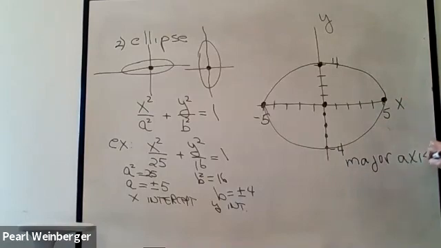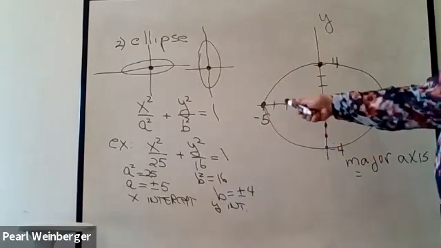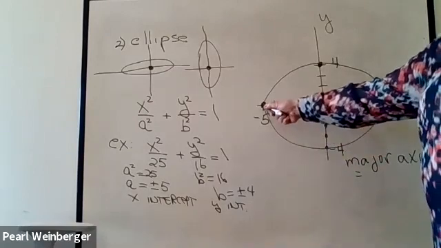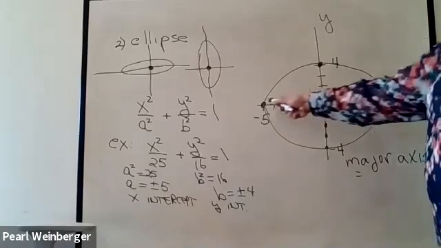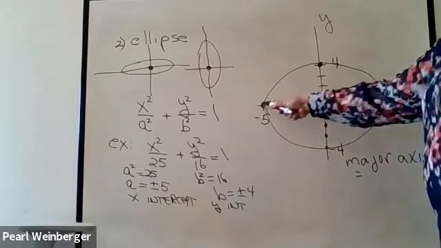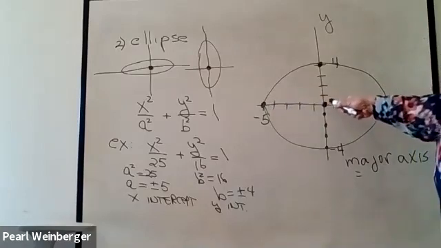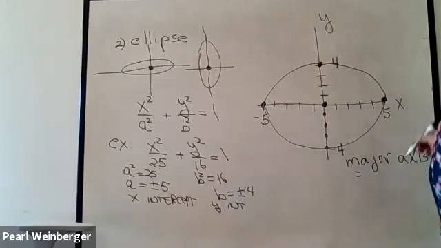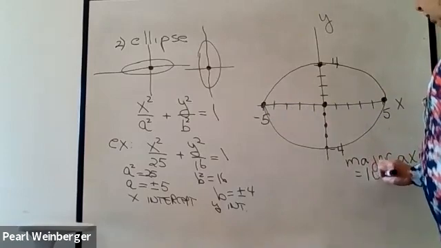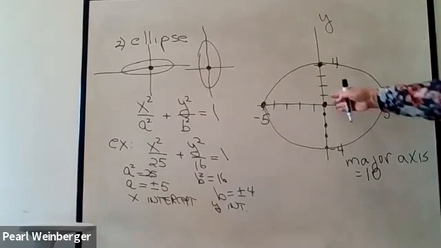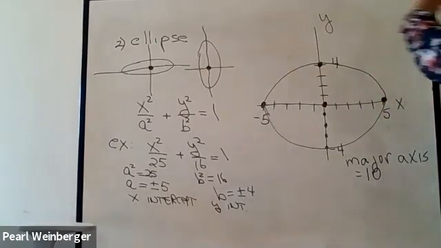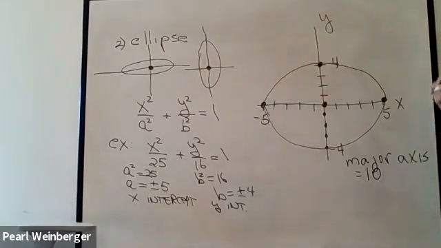How long is the major axis? It's going from -5 to 5. If you count it, 1, 2, 3, 4, 5, 6, 7, 8, 9, 10. The length of the major axis is 10 because it's going 5 to the right and 5 to the left.